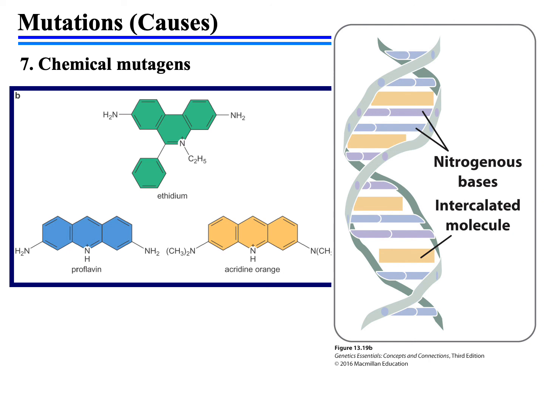What you see on the slide are a number of molecules that can bind and get in between the bases in the DNA structure, like you see in the right-hand panel. When it does that, it causes a distortion of the helical shape. This makes a very unstable type of DNA molecule, and also a molecule that is very hard to replicate.